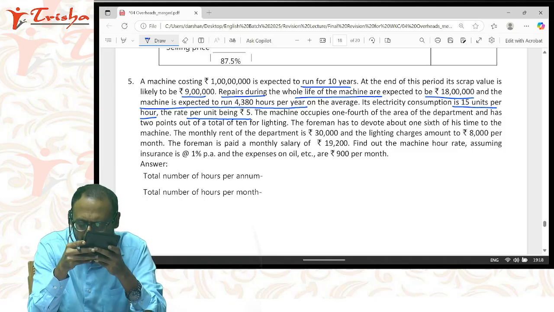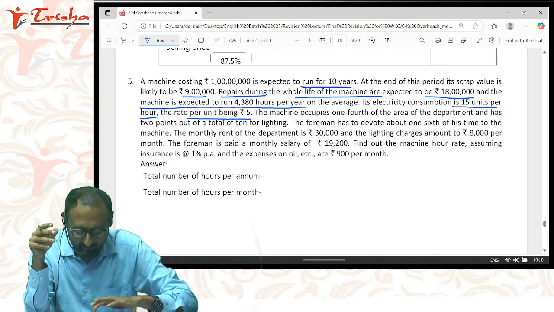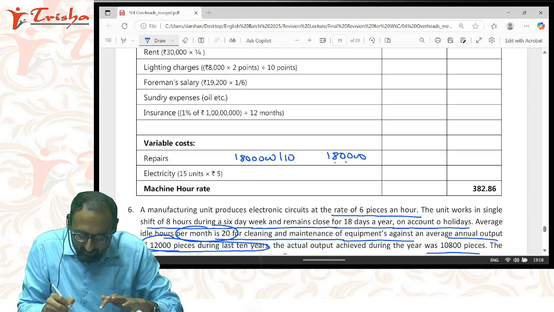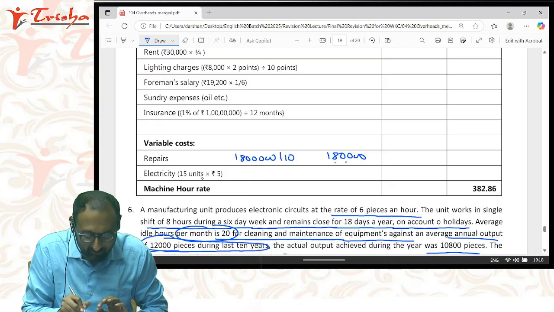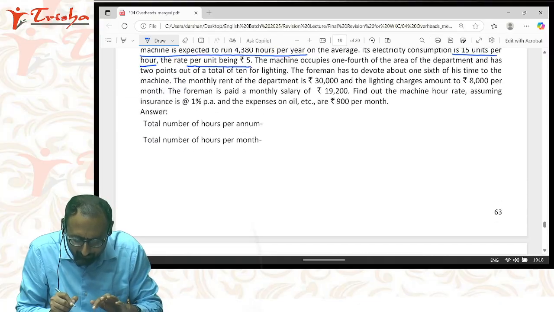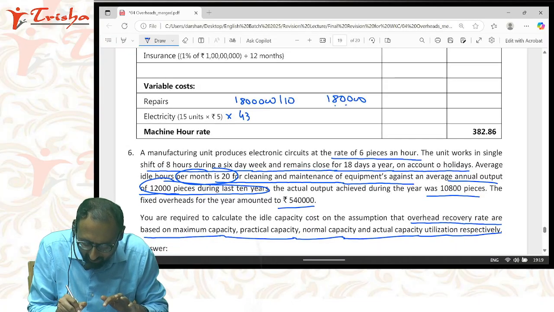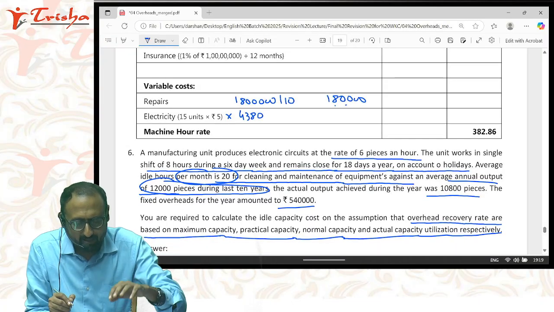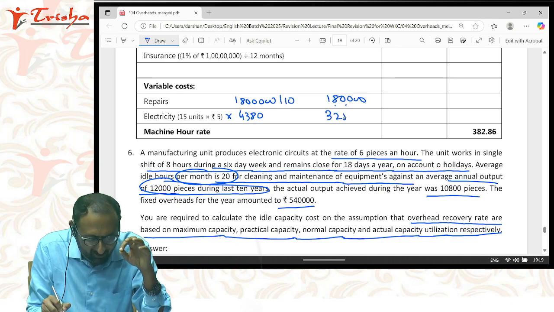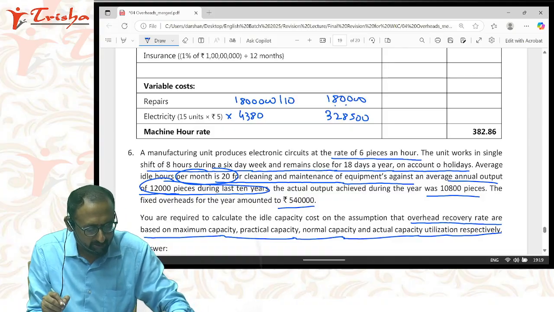So electricity expenses are 15 units into 5 multiplied by 4380 hours. Sirji, is 3,28,500 your answer? Yes or no? Next one.